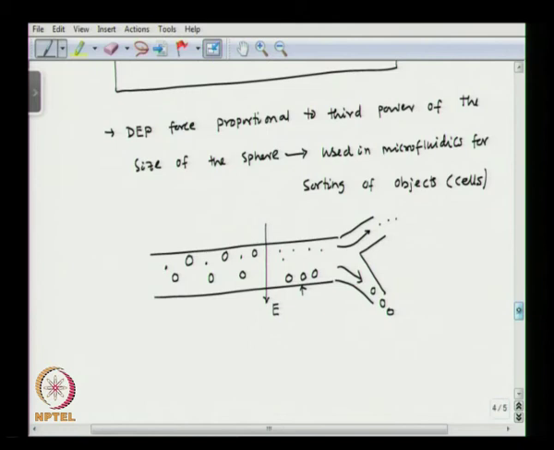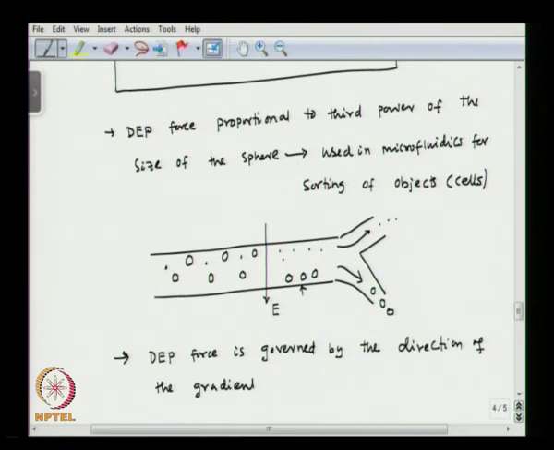And we also observe here that the DP force is governed by the direction of the gradient of the square of the electric field, okay.